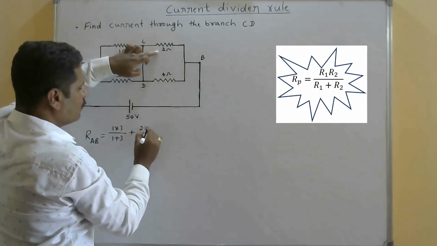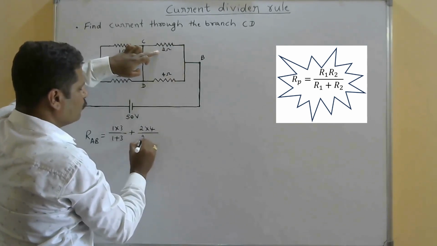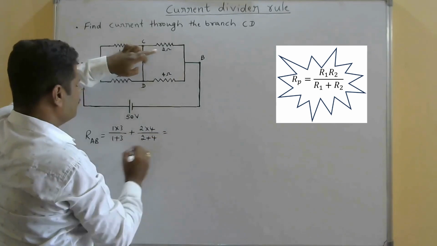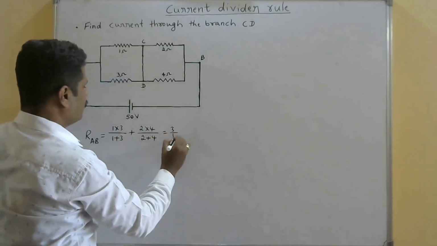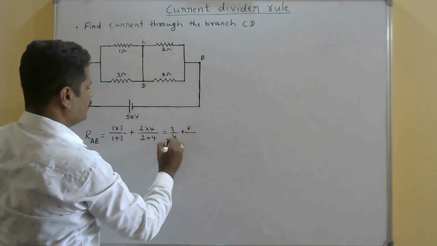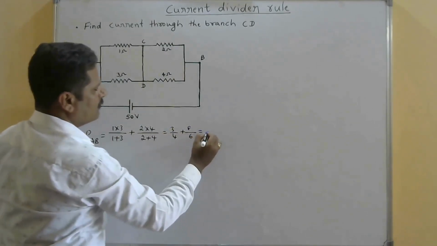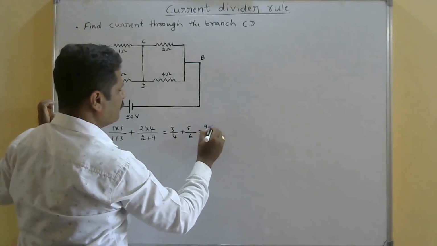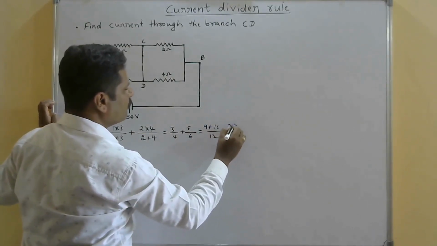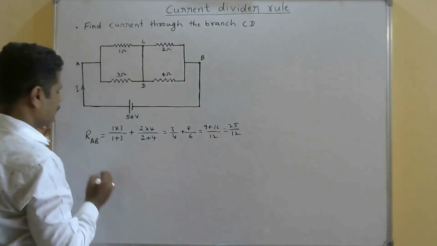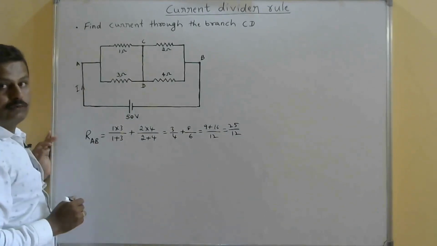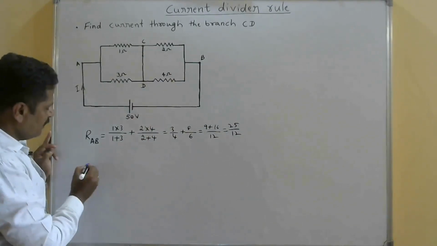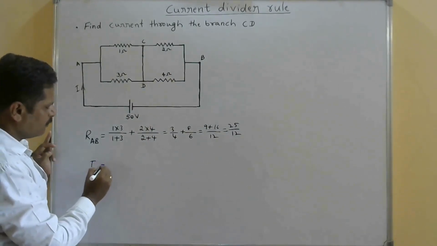So R1 R2 divided by R1 plus R2, 2 plus 4, and this is equals to 3 by 4 plus 8 by 6, and this is equals to, so LCM is 12, and here 9 plus 16, and this is 25 by 12. This is total resistance across AB, and we need total current.